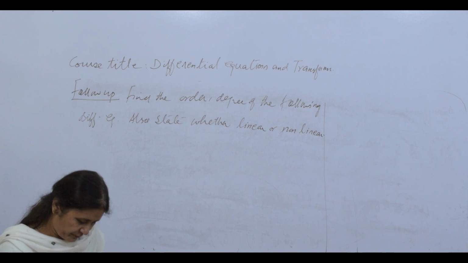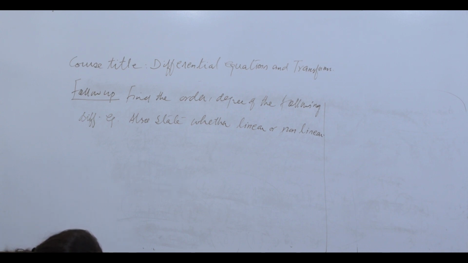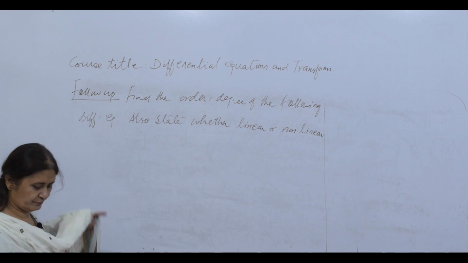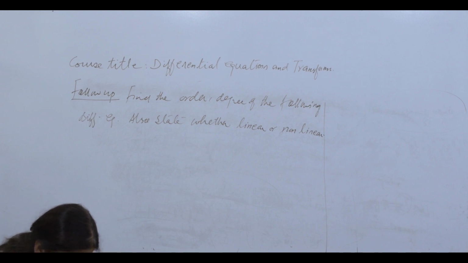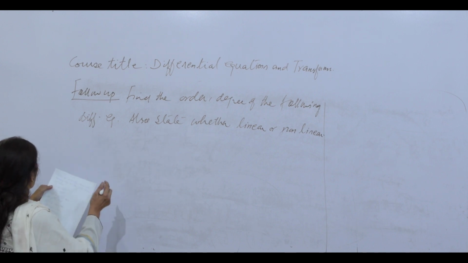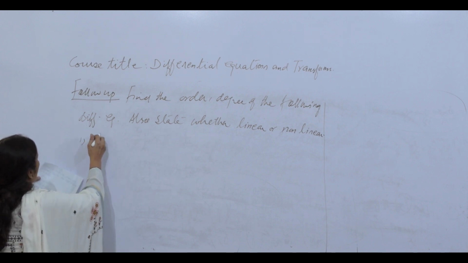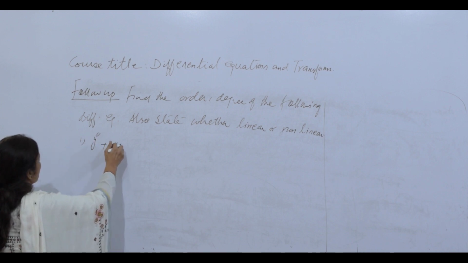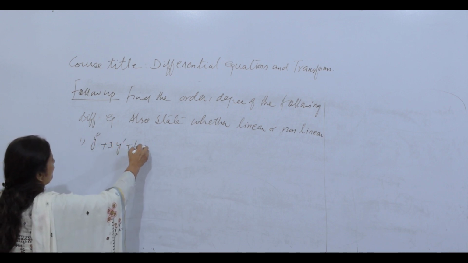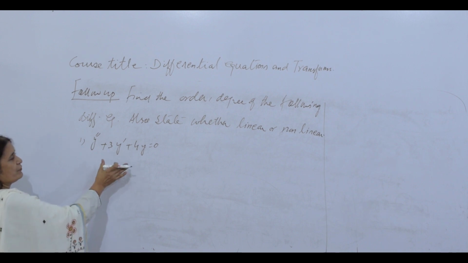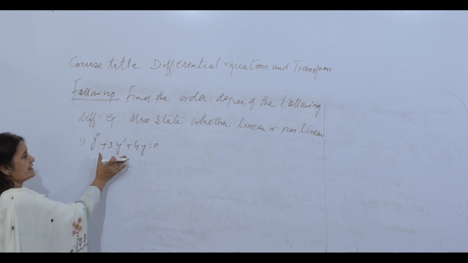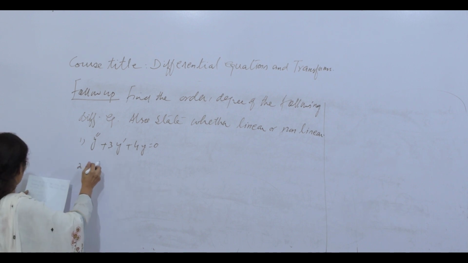So you have this. Number 1: y double dash plus 3y dash plus 4y equal to 0. You have to write down the order, the degree, and tell me whether it's linear or non-linear.